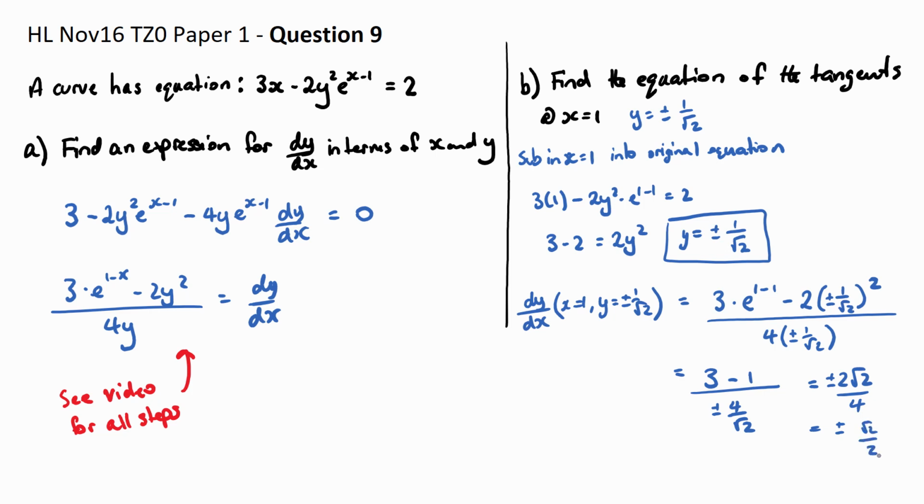Okay, so what we have found, I'm going to color code this. When y is positive 1 on root 2, we're going to get positive a gradient of root 2 on 2, and when y is negative, we're going to get a negative m here. This is m, of course.